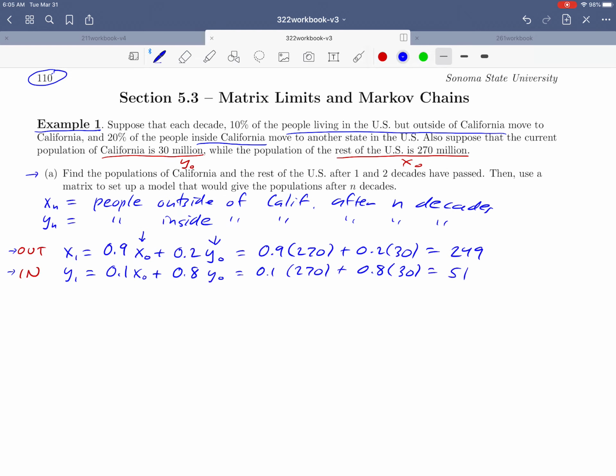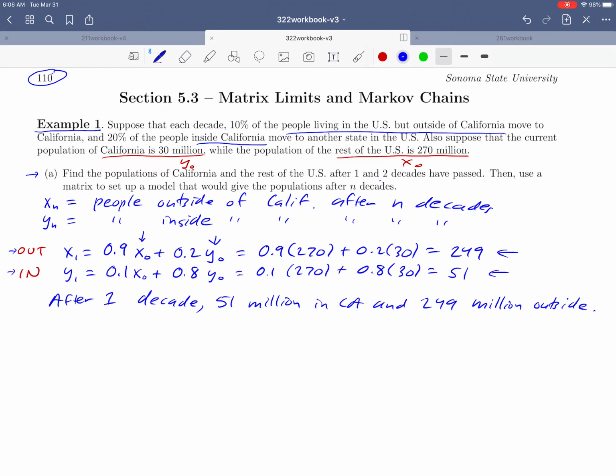Remember that our data is in millions. So if we put that into a sentence, after 1 decade we have 249 million outside of California and 51 million in. We can see that our California population has grown considerably and the rest of the population of the US has gone down. So that's where it looks after 1 decade.